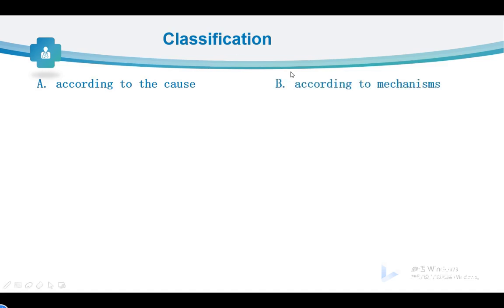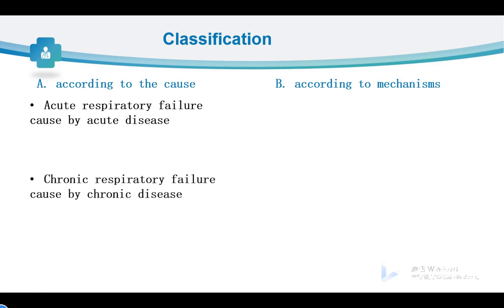The second one is according to the mechanism. Let's look at the first one. According to the cause, they can be divided into acute respiratory failure caused by the acute disease and chronic respiratory failure, which is caused by the chronic disease.